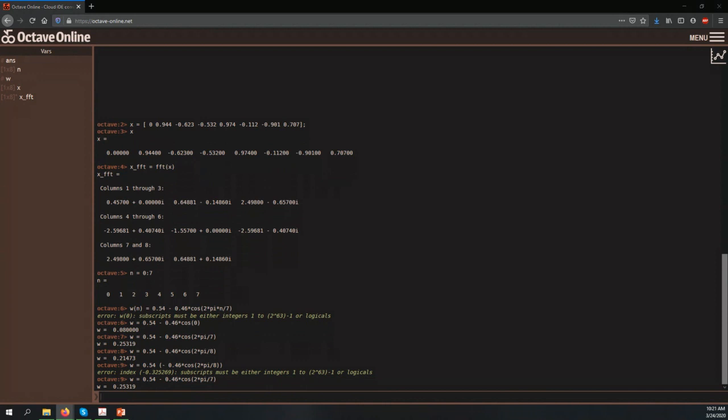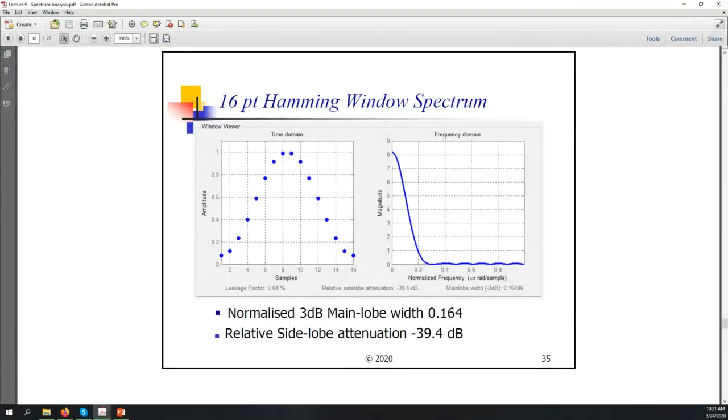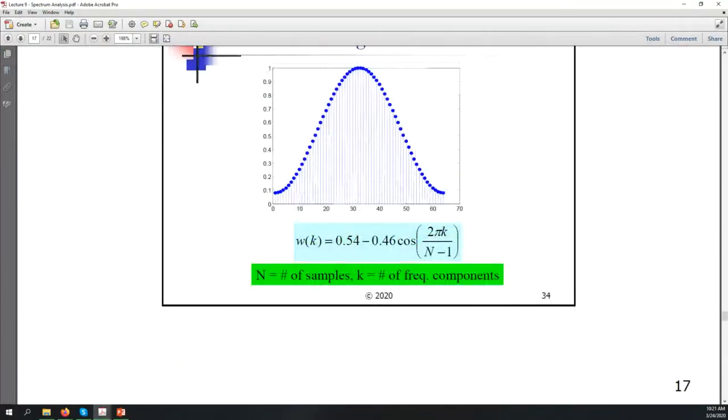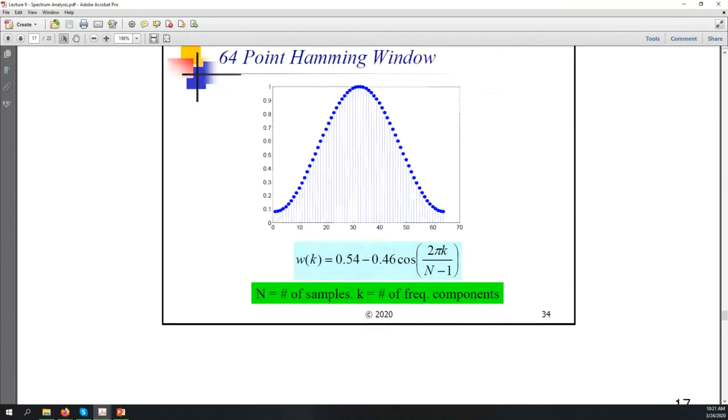Alright, okay, so we should be set there. Make sure I have the equation correct. Number of frequency components. Right, okay.